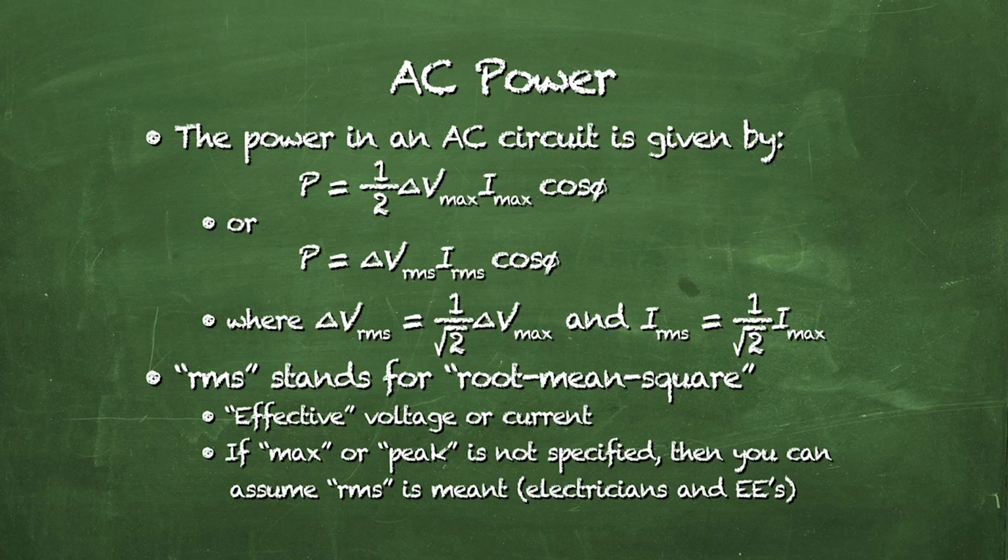Why do they use that? They use RMS because it eliminates that factor of 1/2 from the power. Power becomes the more familiar power equals delta V RMS times I RMS times cosine of phi. So if you're not told whether your voltage or current is the maximum or the RMS value, you should assume RMS.